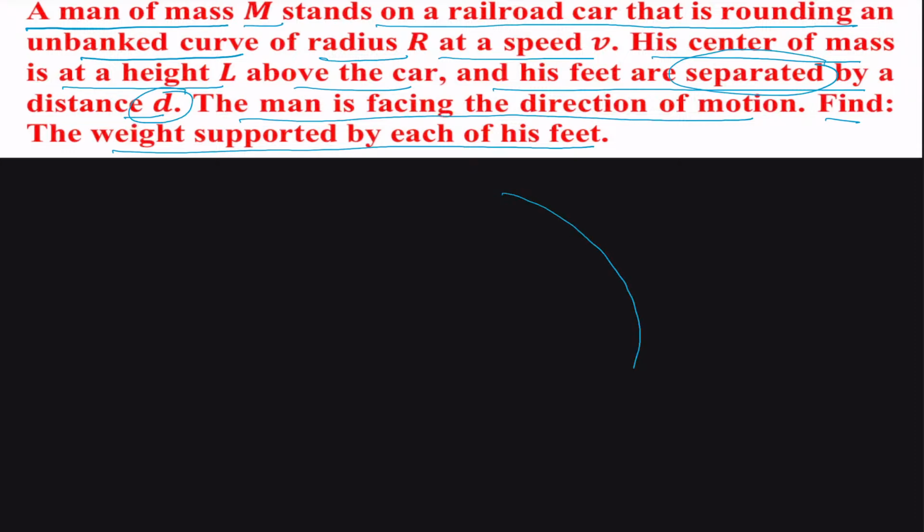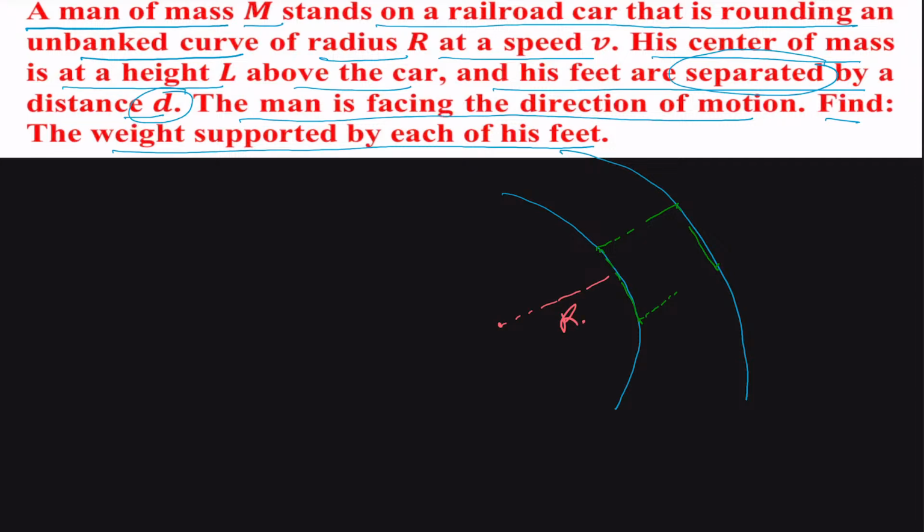We have a railway track, something like this, and on this we are having a railroad car. And the radius of the curve is given as r. So suppose this is the center and the radius of the curve is our r.